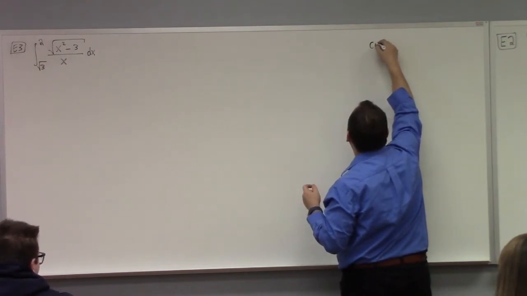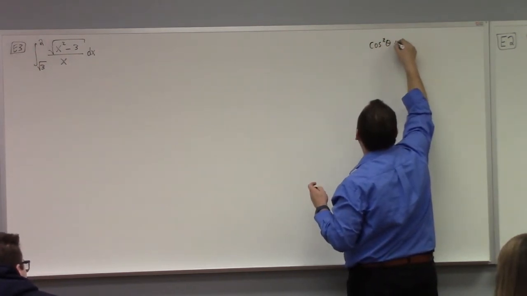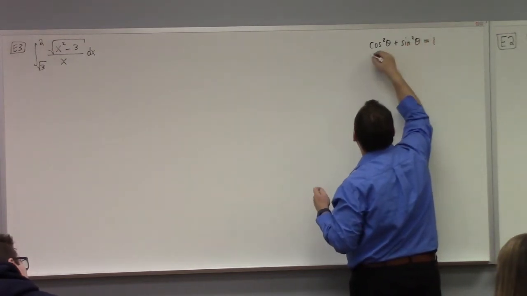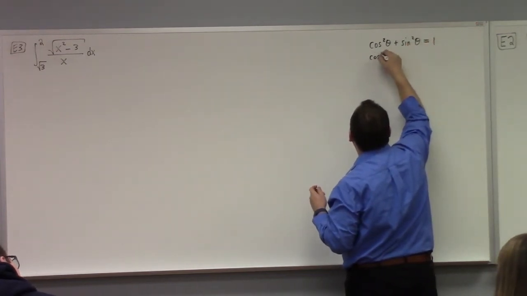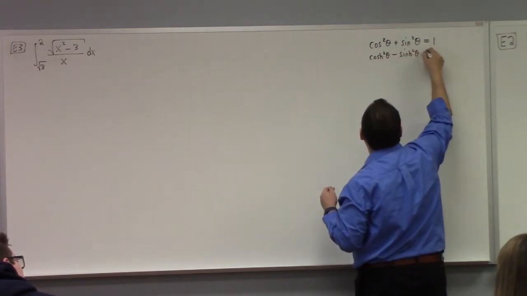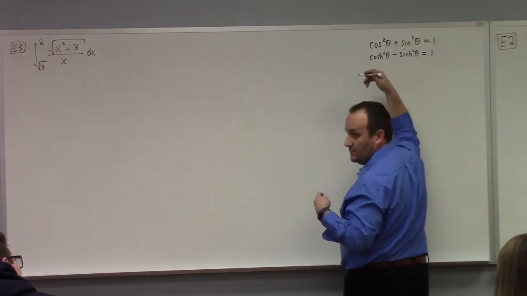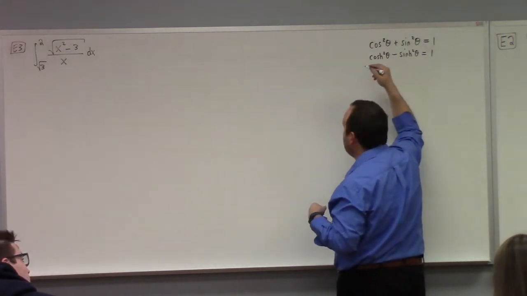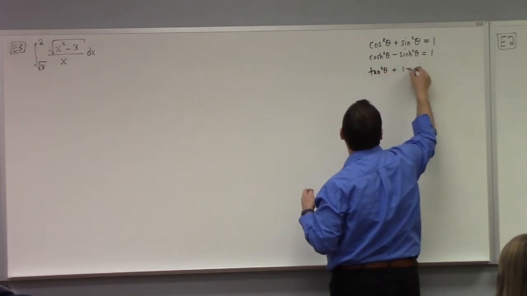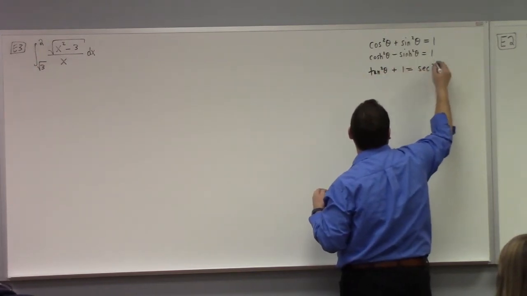Of course, we have cosine squared theta plus sine squared theta equals 1. We also know that cosh squared theta minus sinh squared theta is 1. And then we have the close cousin identities. You got your tangent squared theta plus 1 equals secant squared theta.